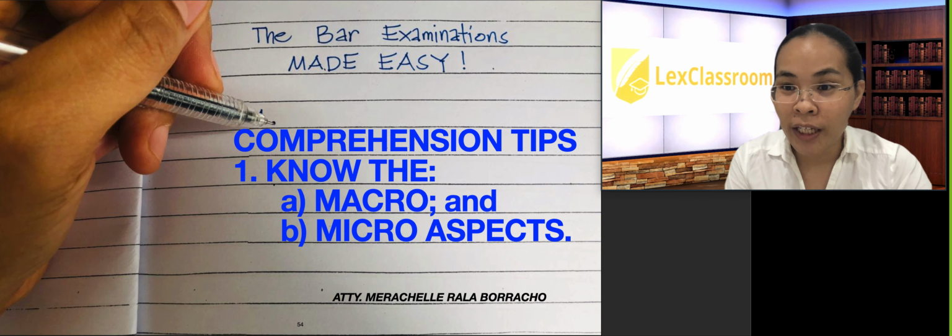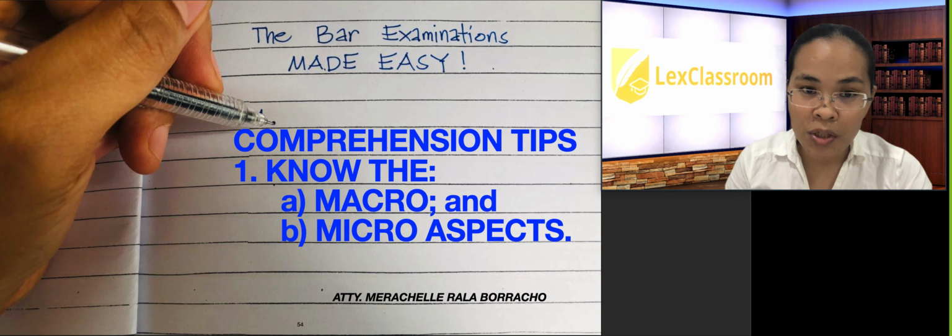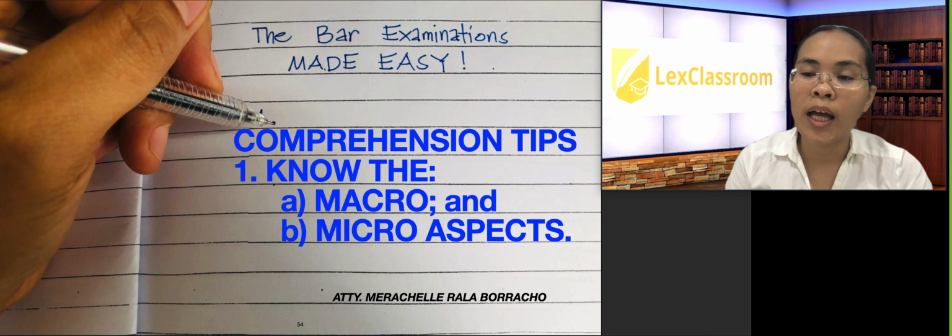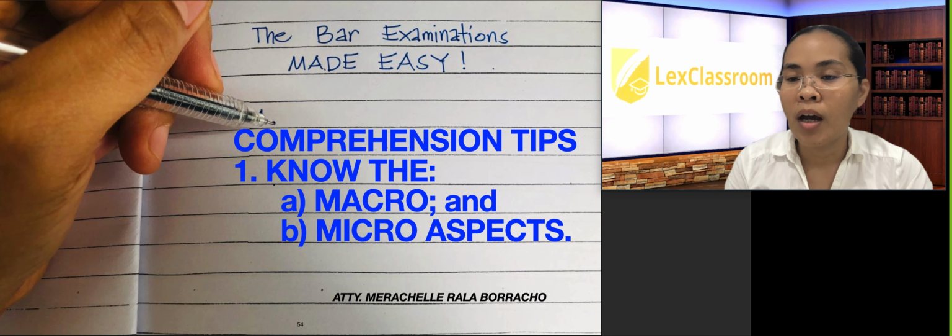Now, today's Bar Guide is the first of the 5 Bar Guide series, which is intended to improve your comprehension skills. And today's topic, as you can see, is about knowing the macro and the micro aspects of the law, the principles, and the theories that you will be studying while in law school and while you're doing the bar review.